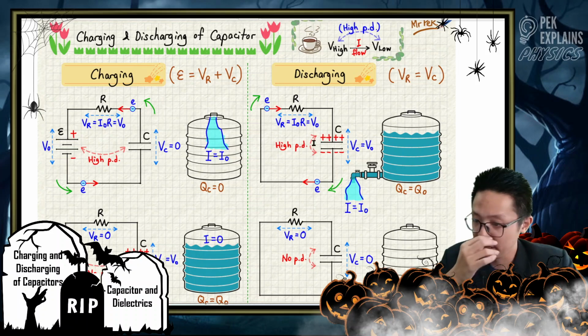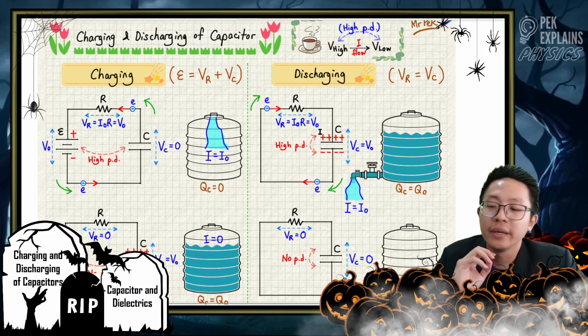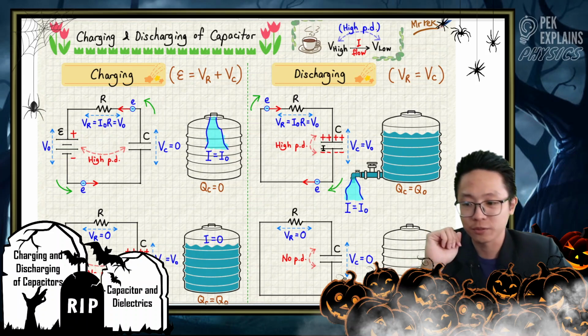The electrons flow from the negative plate to the positive plate because of the potential difference between the two plates of the capacitor itself.